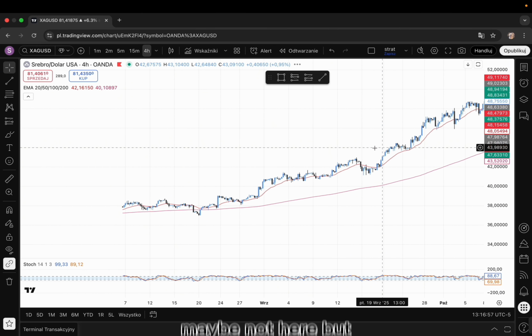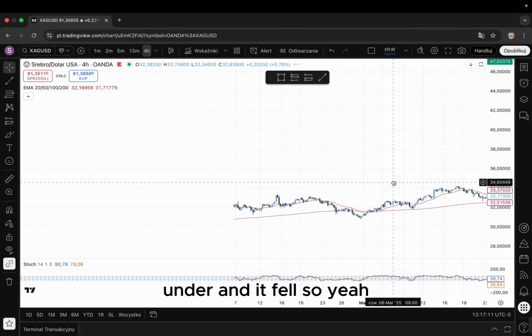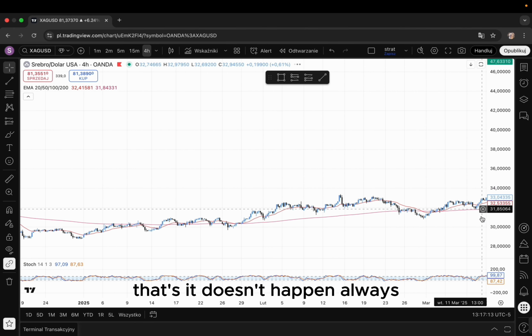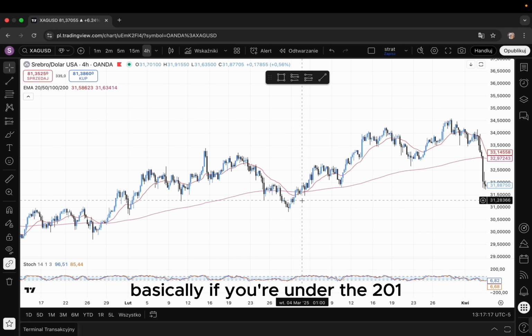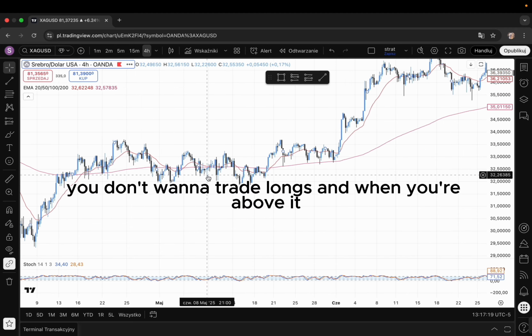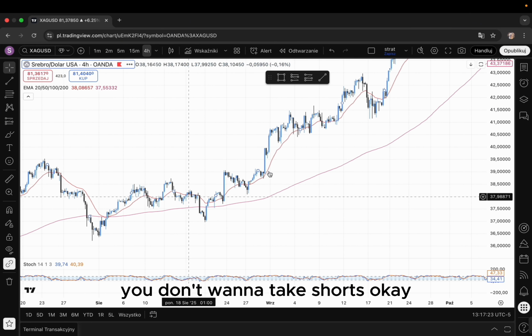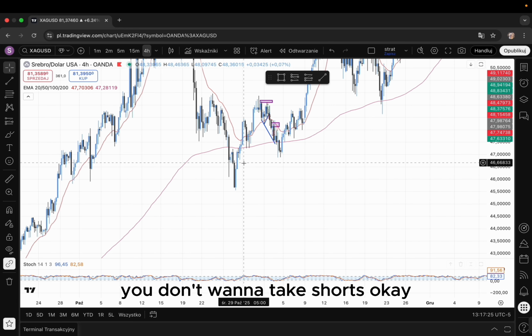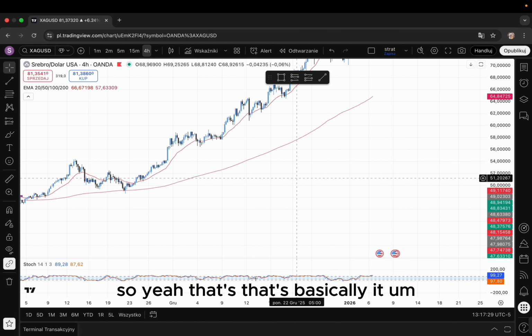Oh, here, see, the price went under and it fell. So yeah, it doesn't happen always. Basically, if you're under the 200, you don't want to trade longs, and when you're above it, you don't want to take shorts. Okay, so that's basically it.